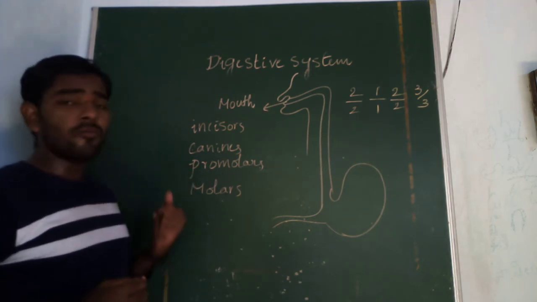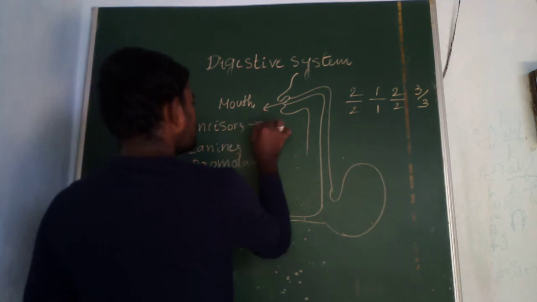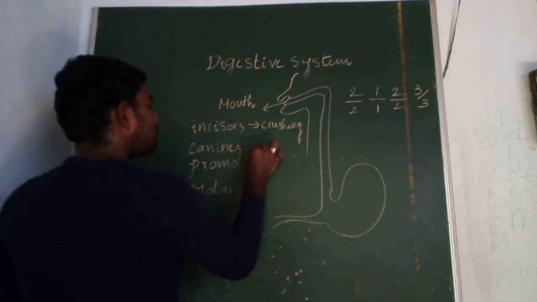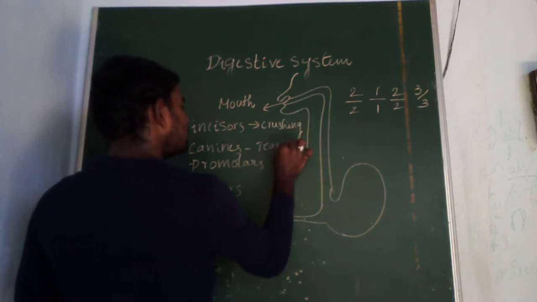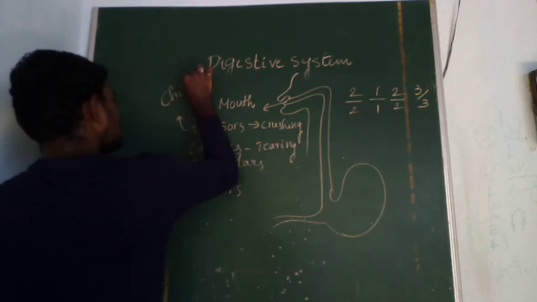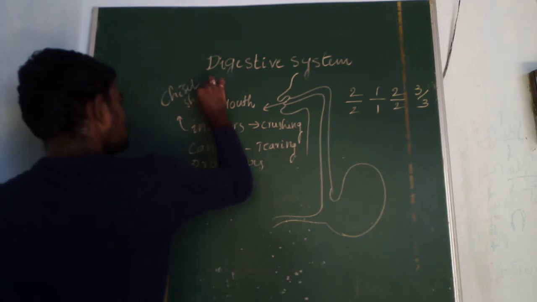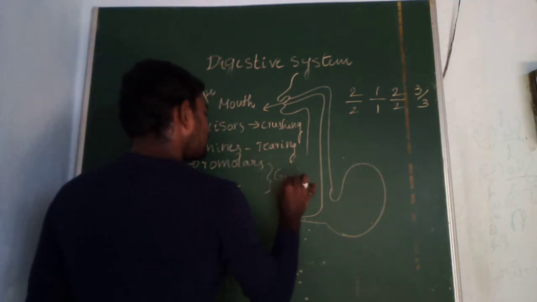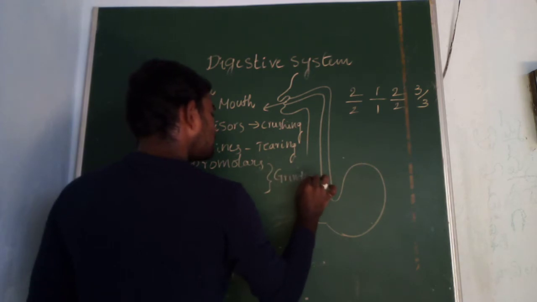So what is the use of incisors? Incisors are used for crushing, and they are chisel shaped. Canines are used for tearing. Premolars and molars are used for grinding of the food.